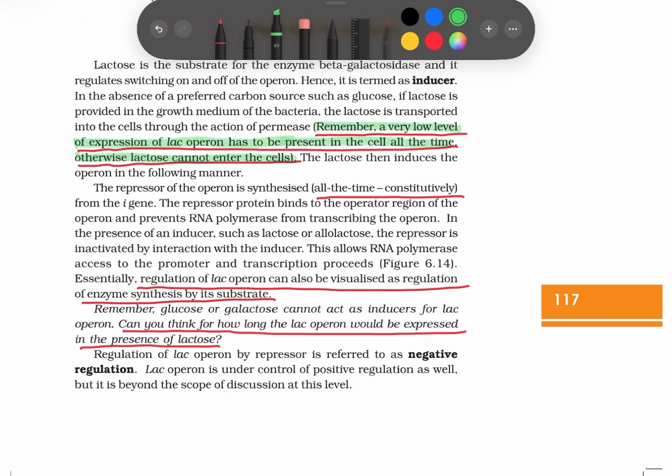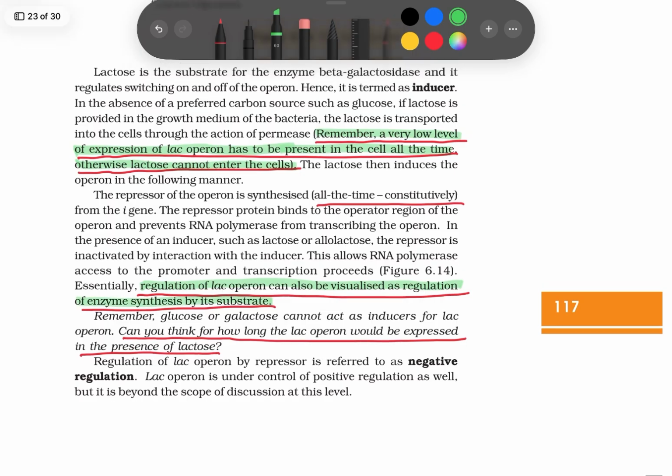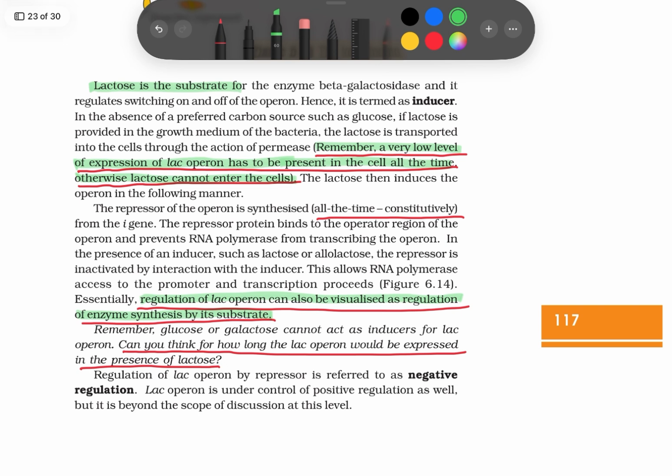Regulation of lac operon can also be visualized as regulation of enzyme synthesis by its substrate. Here lactose is the substrate, right? Lactose or allolactose, majorly allolactose or secondarily lactose. Do remember this point. Majorly allolactose is the substrate, secondarily lactose.